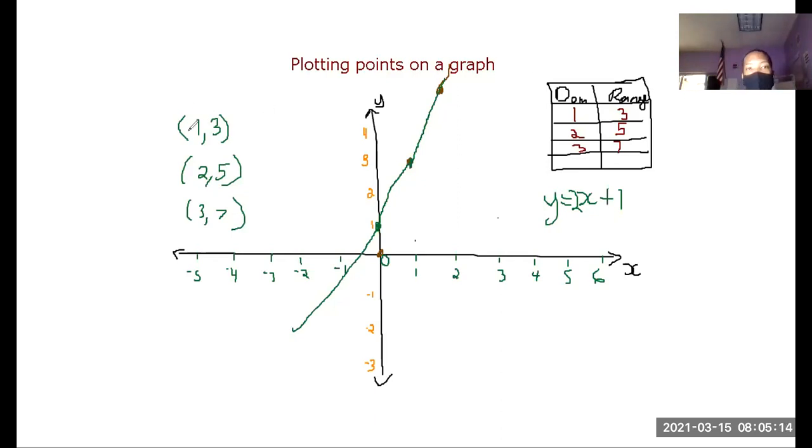And then all I do is I know that the first number is x and the second number is y. Always, first number is always x, second number is y. So then I go on my x-axis, I find 1. And then I go on my y-axis, I find 3. And then I kind of just match them up. So then I know my point is going to be right there.